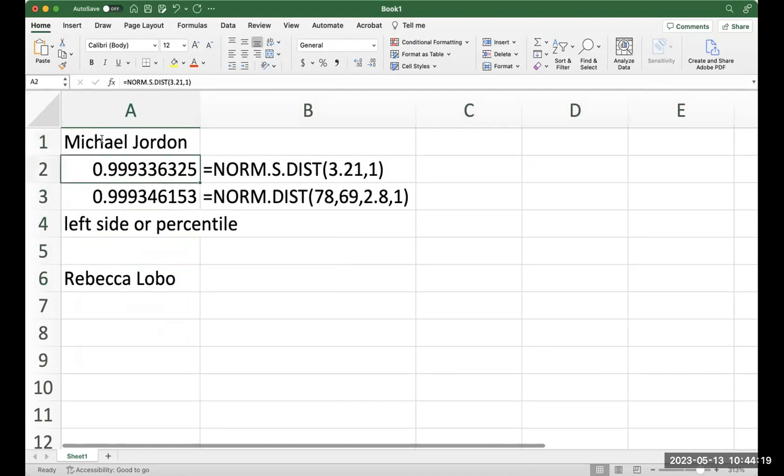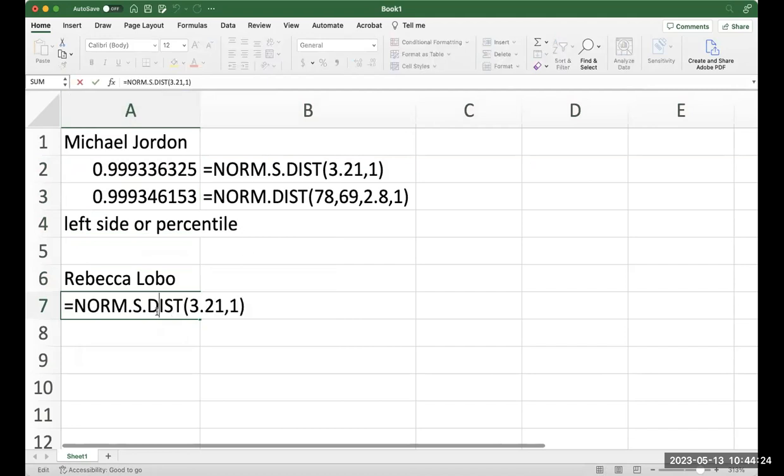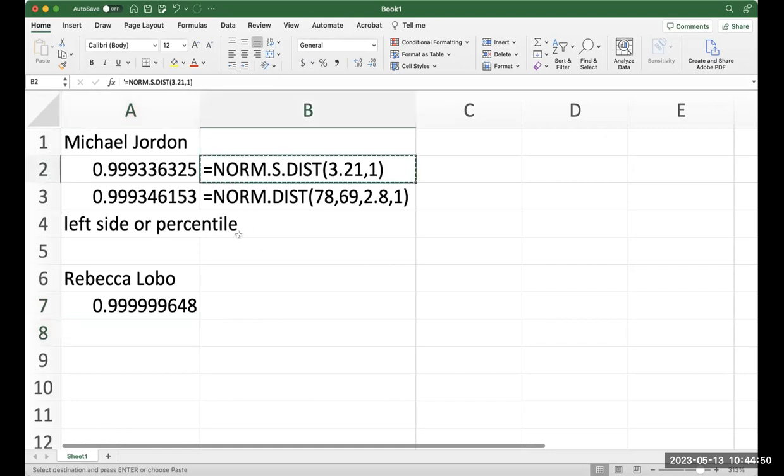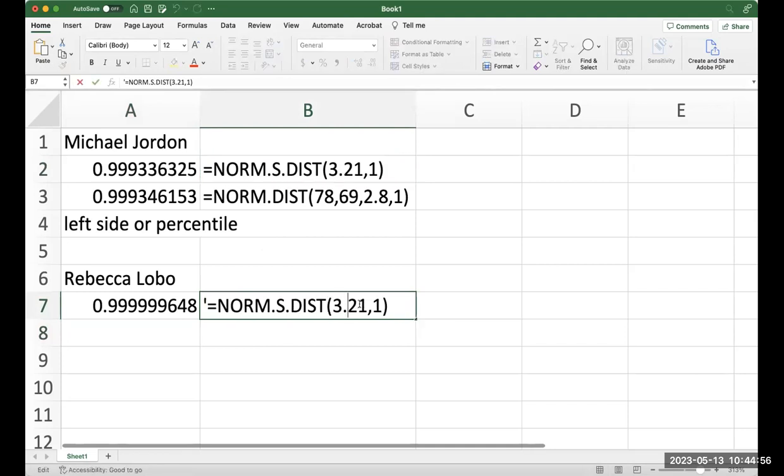I'm just going to copy what I did there and change the numbers. She just had 4.96. So let's do that, 4.96. Remember, you have to standardize to be able to use that. So obviously she is already the taller one for her group. So she's going to be further in the distribution, further in the tail. So yeah, there's more people to the left of her. She's at 4.96.